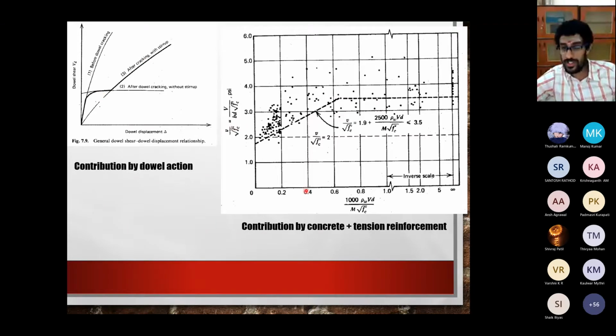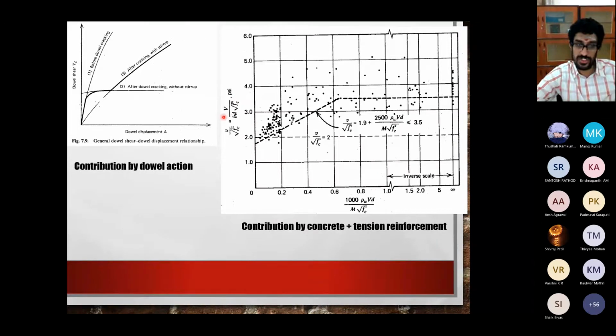So this graph is showing you something else. It is showing you the contribution to the shear strength of a beam given by the concrete and also by the tension reinforcement. So when I say contribution by tension reinforcement, it means inclusive of the dowel action. So this axis is V by bd into root of f'c.